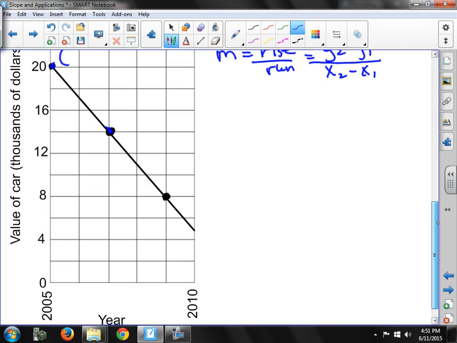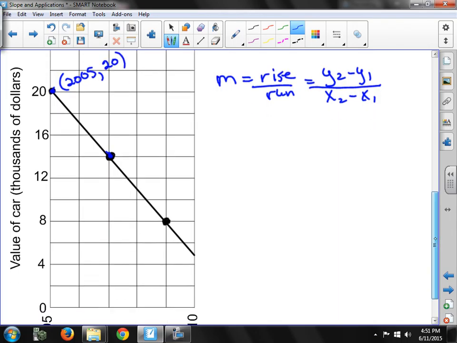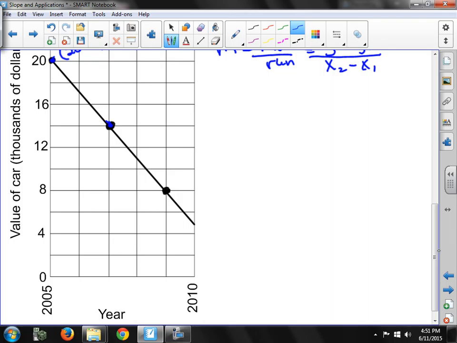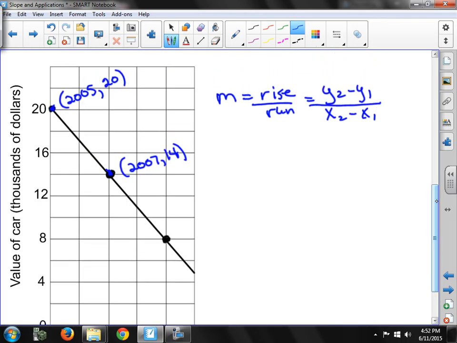The coordinates of this first point, my x value is 2005 and my y value is 20. And on this other point, the ordered pair here is 2007, and it looks like my y value is 14. Okay, so we're going to label this x1, y1, x2, y2.